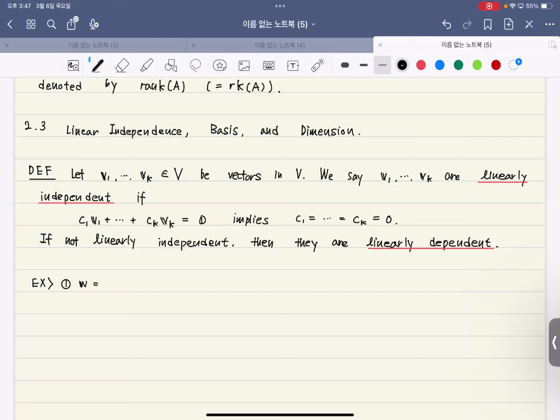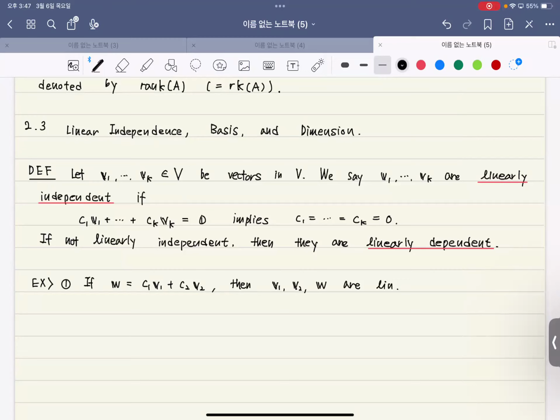Suppose that a vector W can be written as a linear combination of two other vectors, W equals c1 V1 plus c2 V2. Then V1, V2, along with W, are these three vectors linearly dependent or independent?